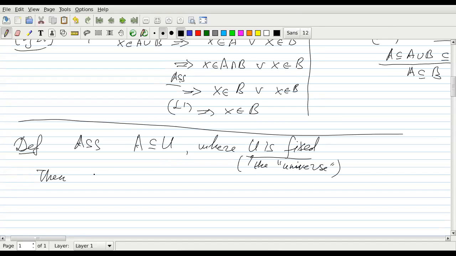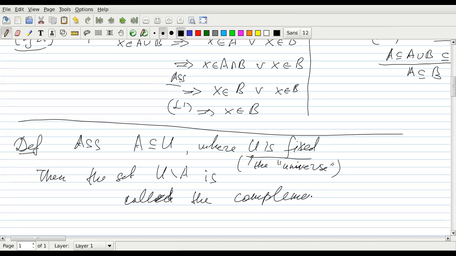Okay, then the set U minus A is called the complement of A, that is to U. The complement means in Russian дополнение.